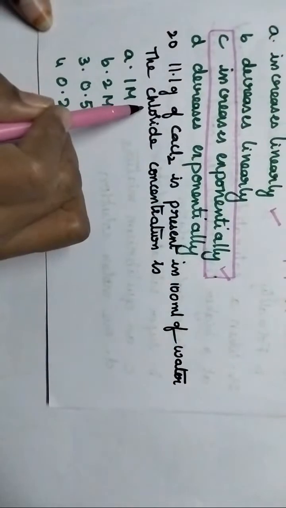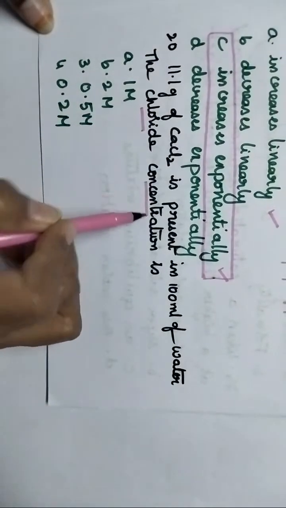Are you interested to do the calculations? Yes, here we go. 11.1 gram of calcium chloride is present in 100 ml of water. The chloride concentration is, it involves two parts.